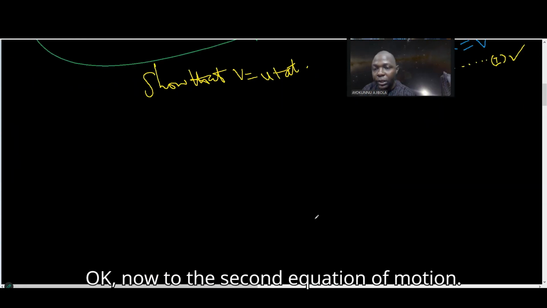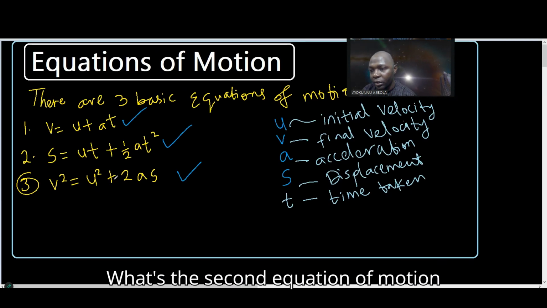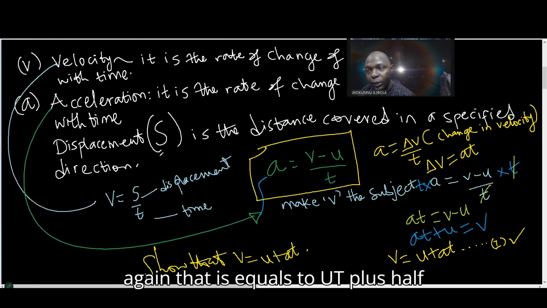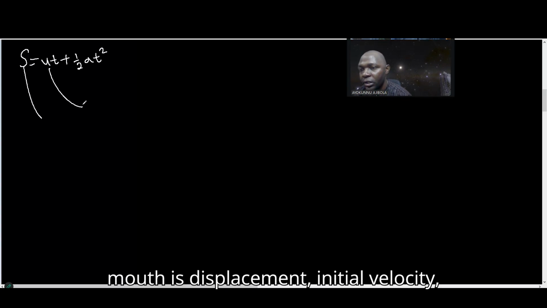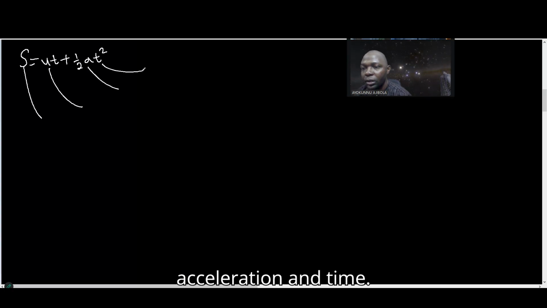Okay, now to the second equation of motion. What's the second equation of motion again? That is s equals ut plus half at squared. This is what we want to prove. S is displacement, u is initial velocity, a is acceleration, and t is time.